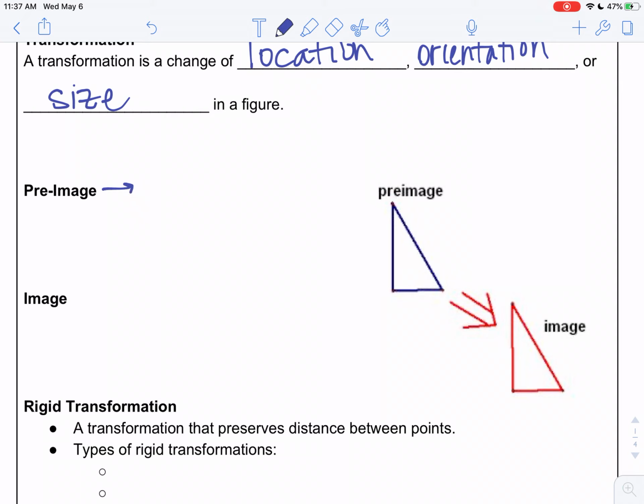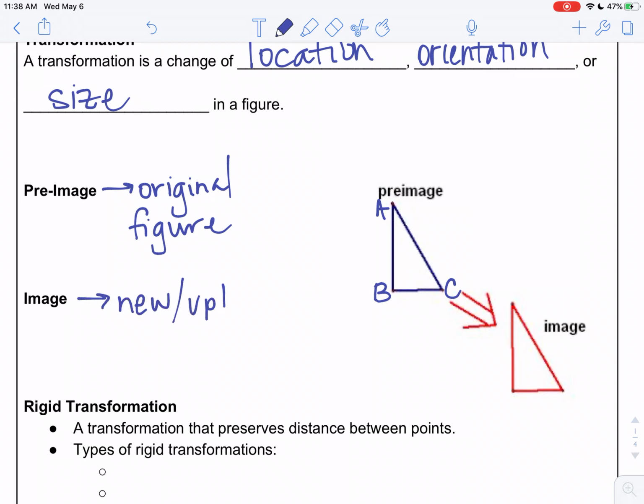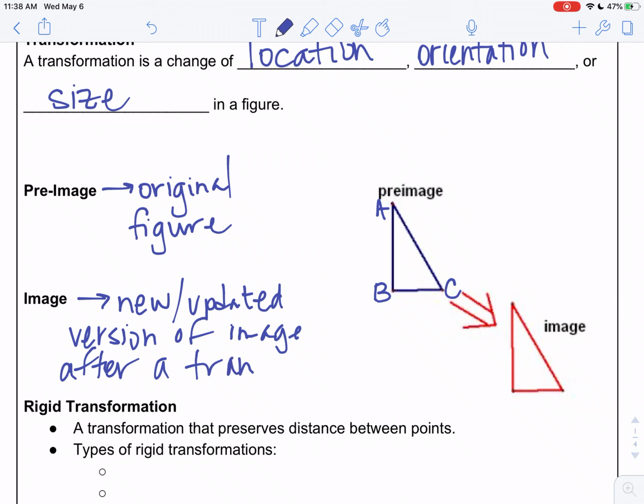The pre-image is the original figure. And we might call this pre-image triangle ABC. The image is the new or updated version of the image after a transformation has been applied.